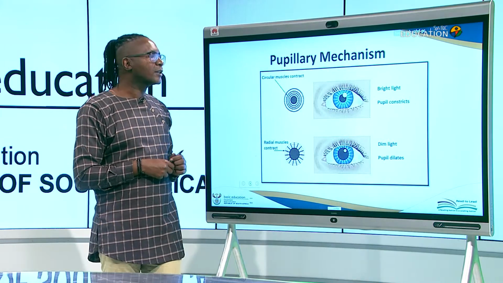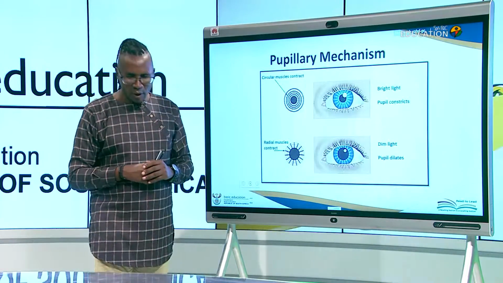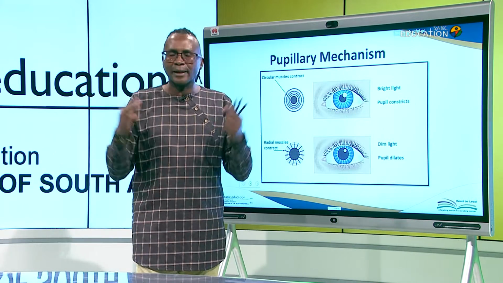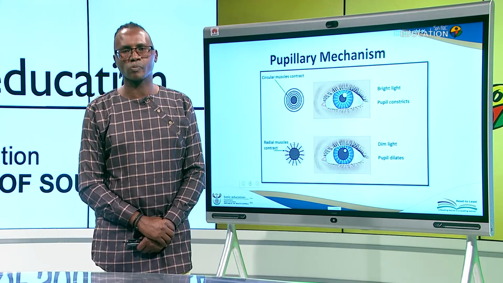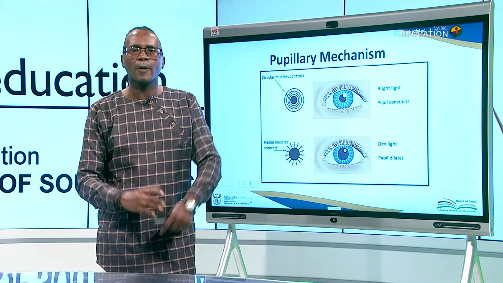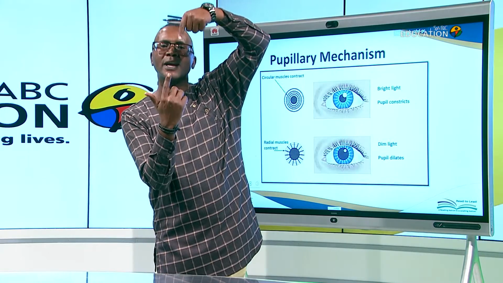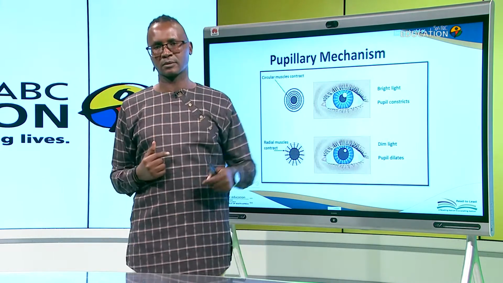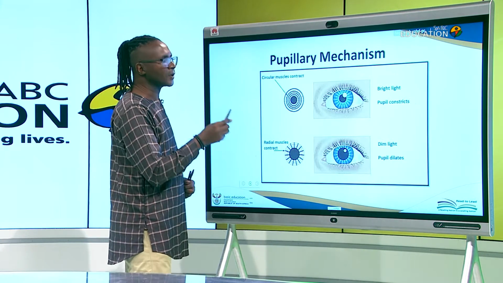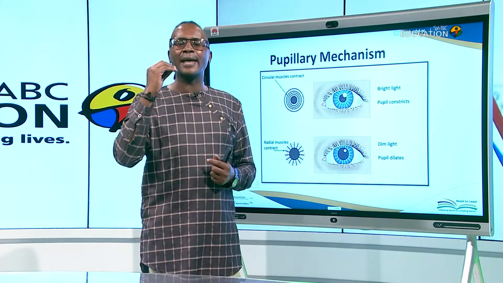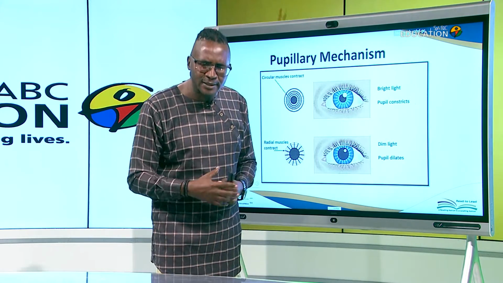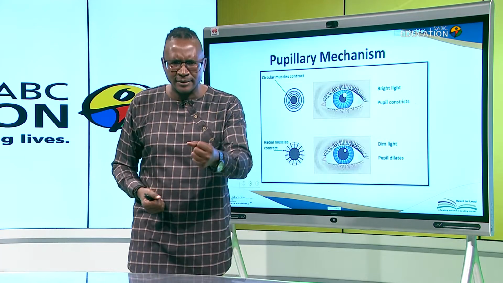Now, we look at the pupillary mechanism. What are we talking about? We're talking about the pupil. And where do we find the pupil? The pupil is the hole in the iris. Remember we're looking at the eye, it's all about light. The pupillary mechanism is about light.